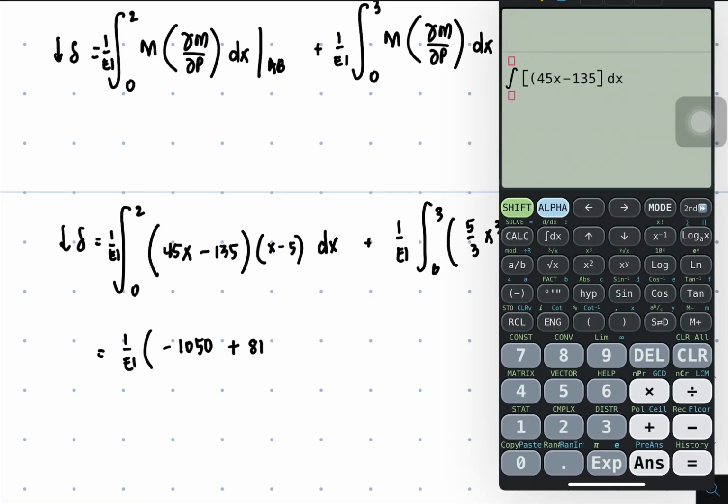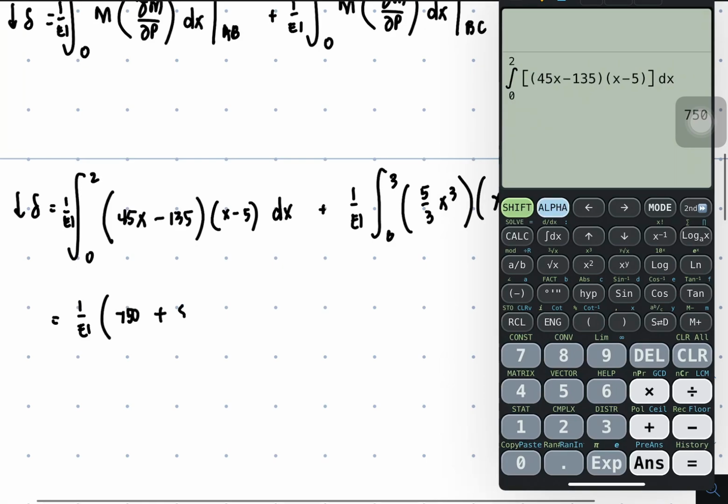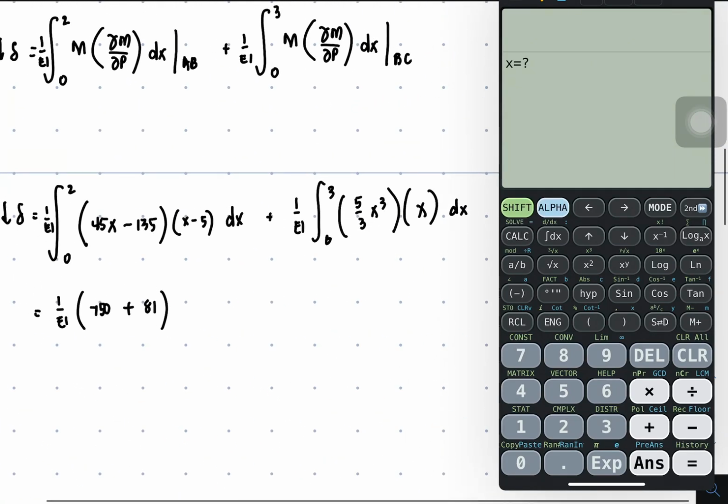So from here, let's go back, it's 45x minus 135 times x minus 5 from 0 to 2. So there. It shouldn't be negative. Okay, it's a cantilever. So it should be downward, so our answer should be positive, since downward is our assumption. So it's 750, then plus 81. So we got it already, the other one, 81. Let's go back to that. Okay, it's clear.